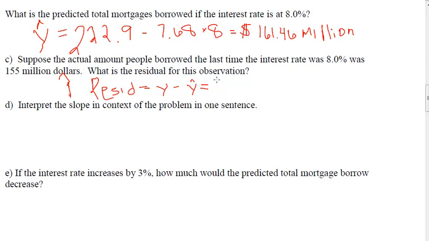It has to be given. So that was 155. And then your predicted is whatever you got when you substituted 8 into the equation. So we got 161.46. All right, this is equal to negative 6.46 million. So negative sign there, 6.46 million.